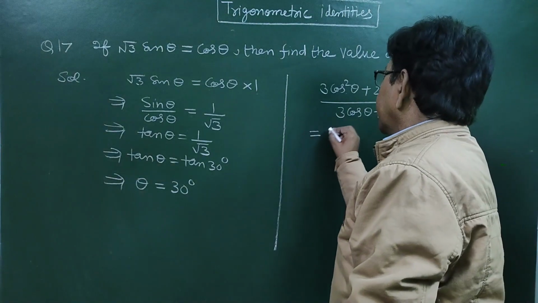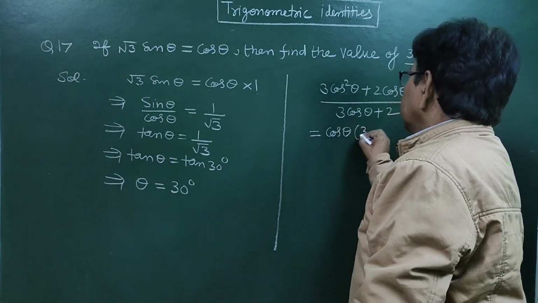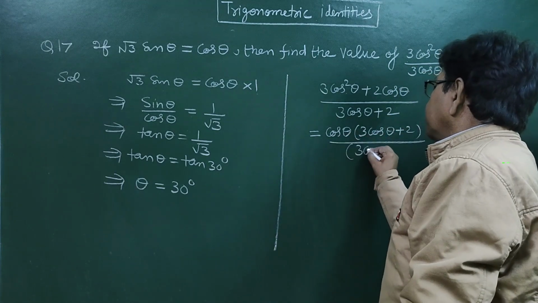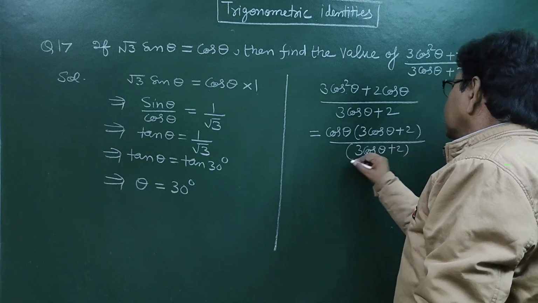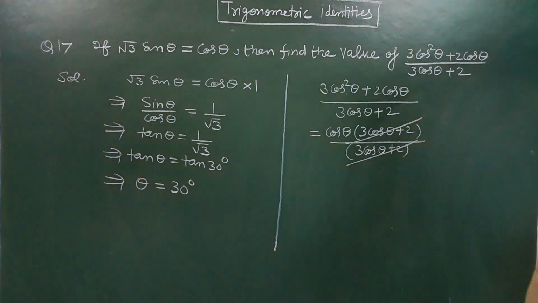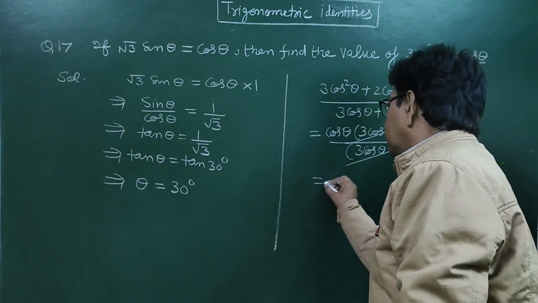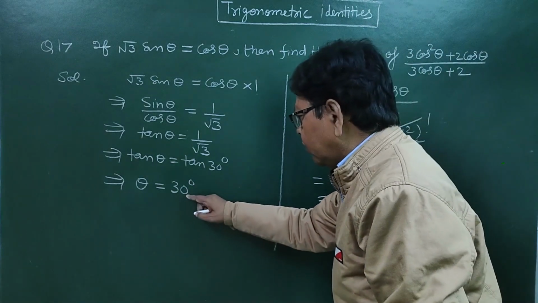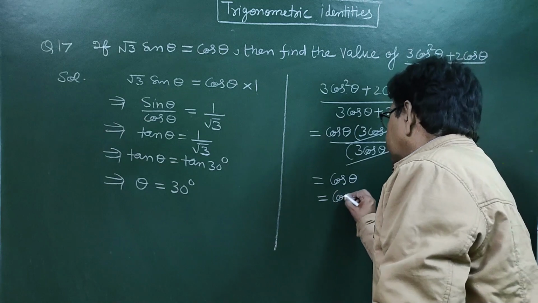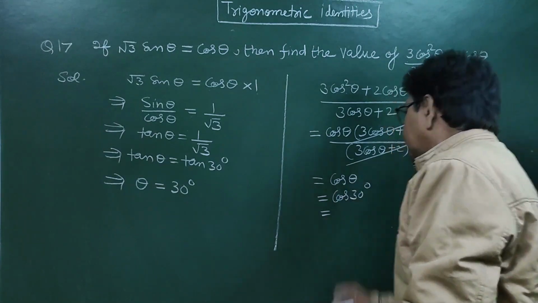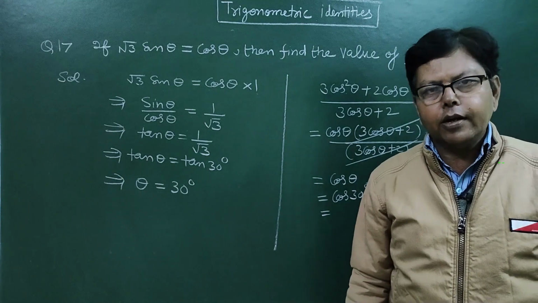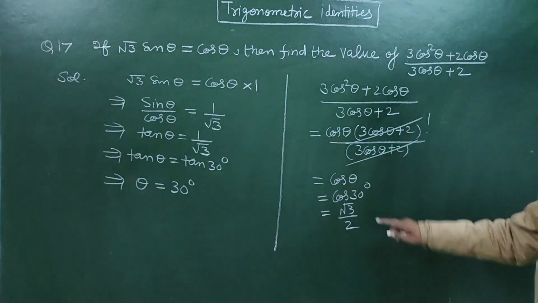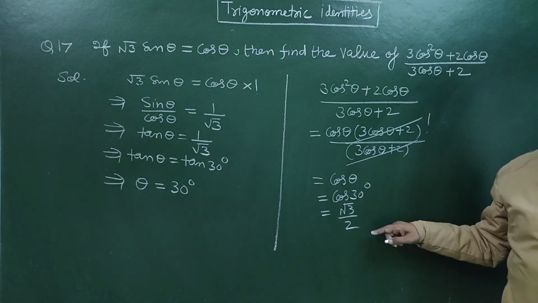So if you take cos theta as common, then 3 cos theta plus 2 upon 3 cos theta plus 2. Now 3 cos theta plus 2 cancels, so you are left with only cos theta, and the value of theta you have already evaluated, 30 degree. Cos of 30 degree, students, is equal to under root 3 upon 2. So the value of this expression is under root 3 upon 2.